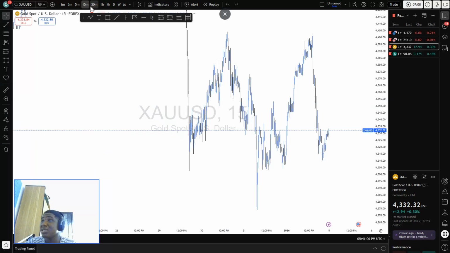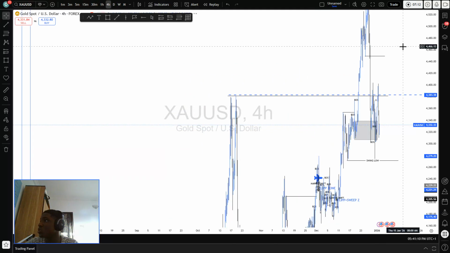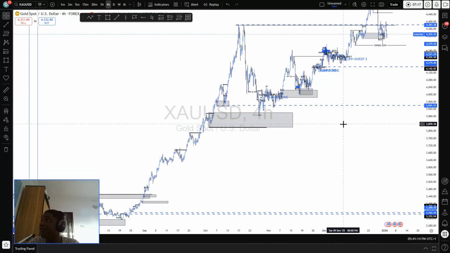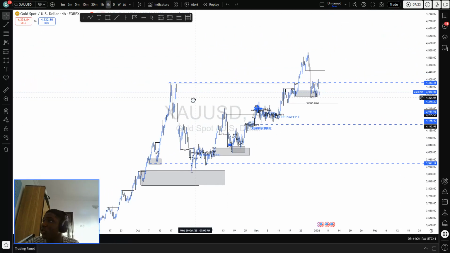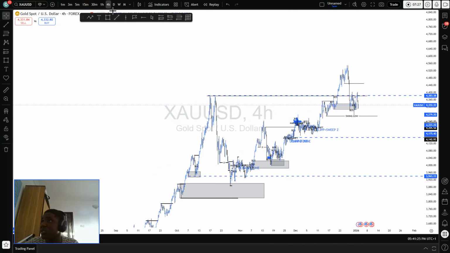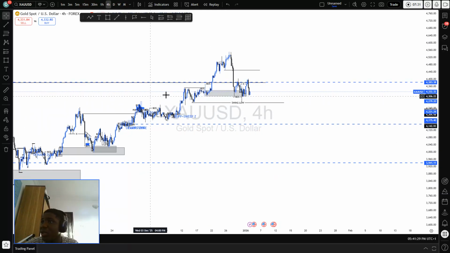Gold is easy. I don't want to waste time, because this is something I know a lot of traders don't understand by now. Gold is very, very bullish. If you look at it in our 4 hour time frame, from here to here, this is our swing low and this will be our swing high.